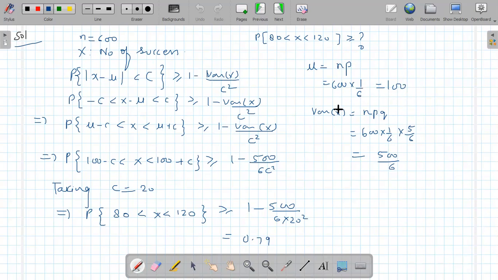So it is 100, and variance is equal to npq, so that the value of variance is 500 upon 6. We can substitute these values here, and the value of mu here. c is a random constant, so we have to see that to get this expression, what should be the value of c. So obviously c should be 20, so that we have 80 here and 120 here. So the answer is 0.79.